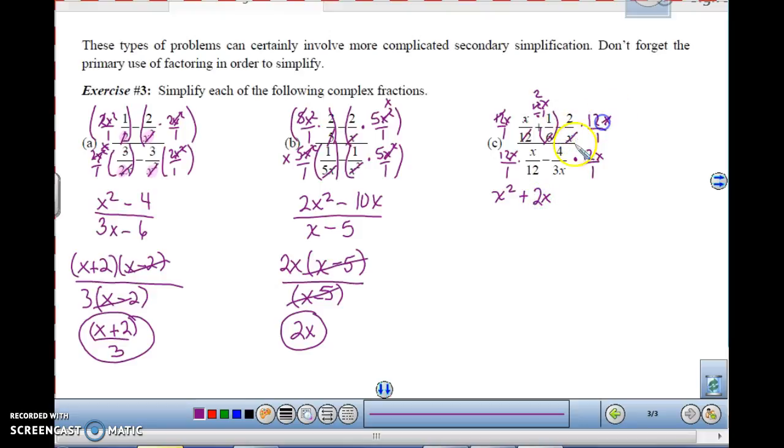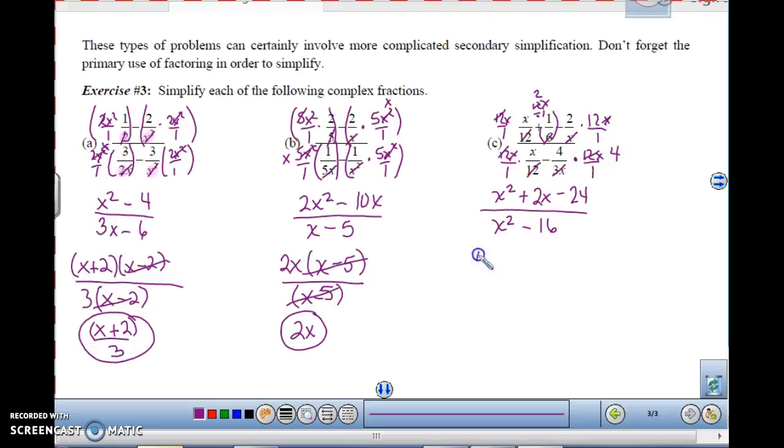And then x cancels x, minus 2 times 12 is minus 24. 12 cancels 12, x times x is x squared. And then minus here, 3x cancels 12x, leaving 4. Minus 4 times 4 is minus 16.